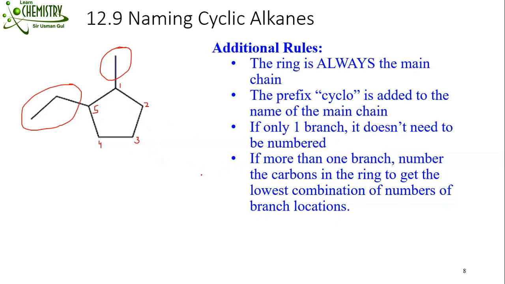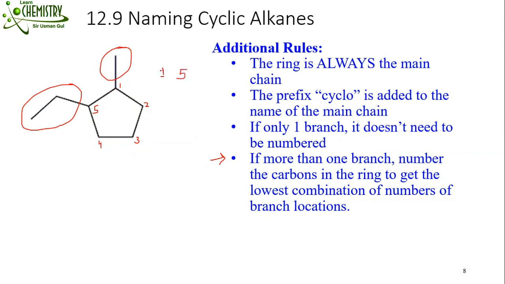Okay, so how will we give the numbers? This rule will tell us: if more than one branch, number the carbons in the ring to get the lowest combination. If I start numbering in the clockwise direction, as I already did, 1, 2, 3, 4, 5, I get the combination of branches 1 and 5.